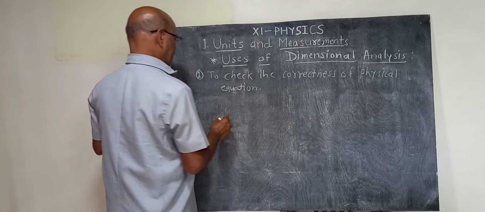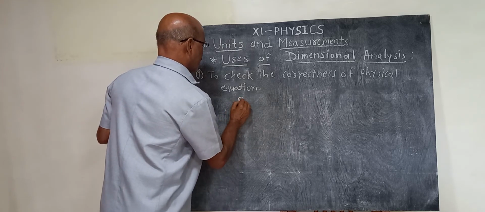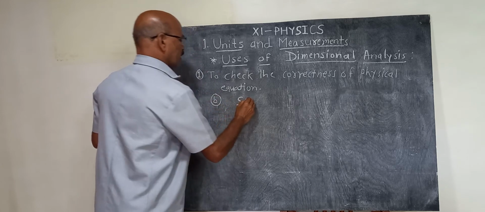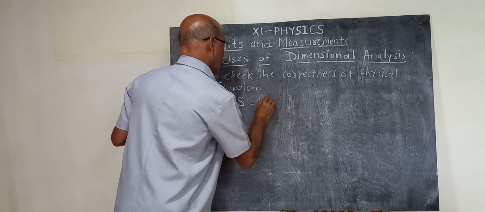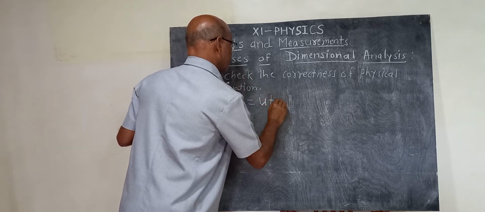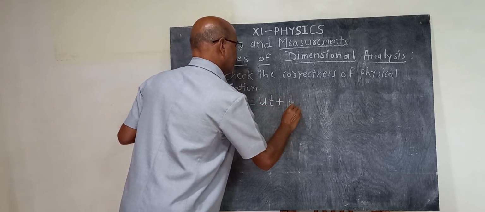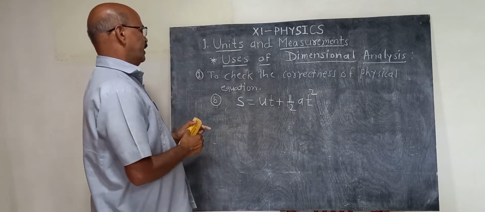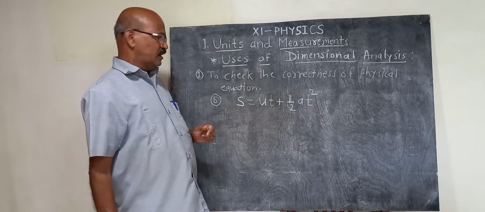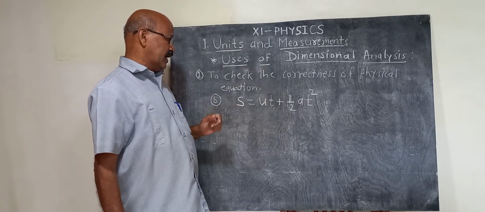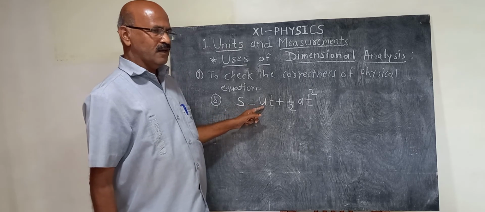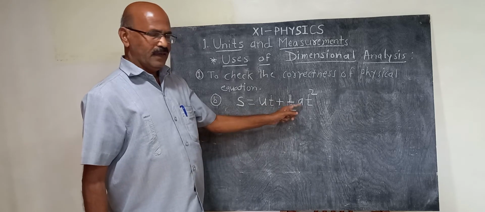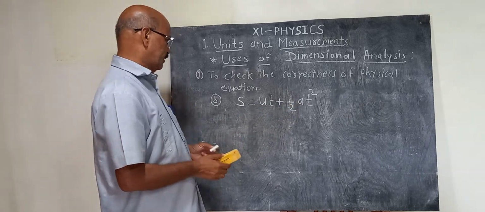The second kinematical equation of motion is S equal to ut plus half at square, where S is the displacement of the particle in time t, U is the initial velocity of the particle, t is the time, and A is the acceleration of the particle.